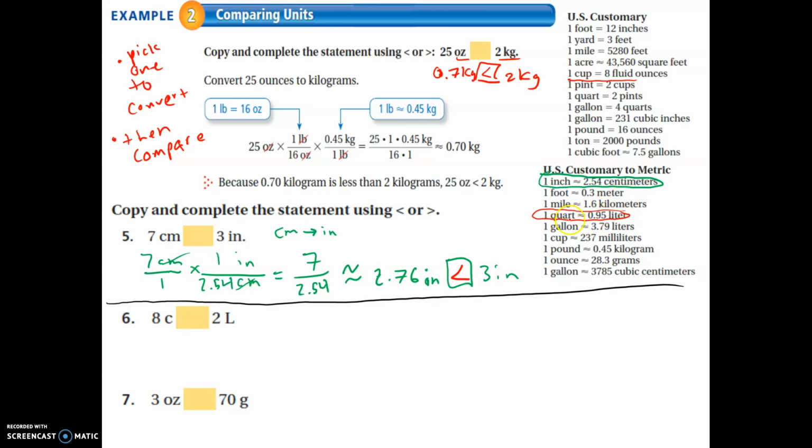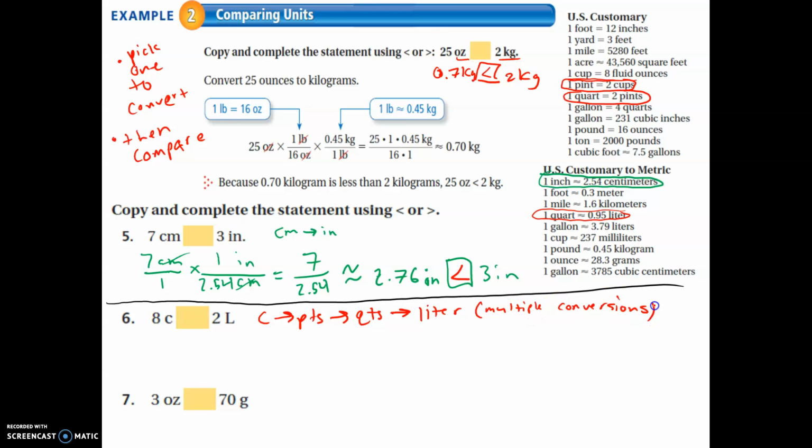So we're going to go cups to pints, pints to quarts, and then quarts to liters. So we're going to have to do multiple conversions.